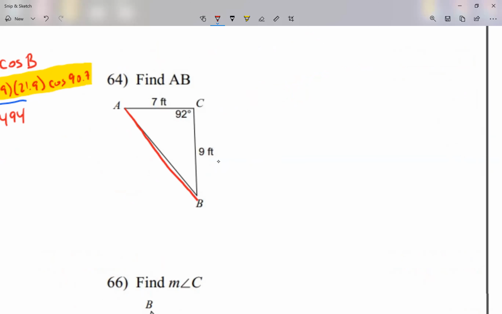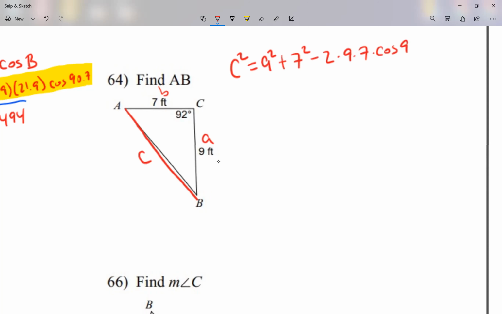That is this side, which is what we call side C. We have side A, side B, and angle C. So I'm going to use our formula of the law of cosines, where I have C squared equal to 9 squared plus 7 squared minus 2 times 9 times 7 times cosine of 92.